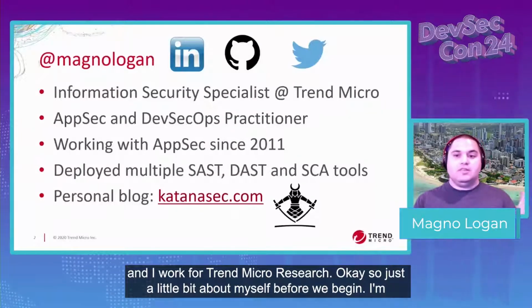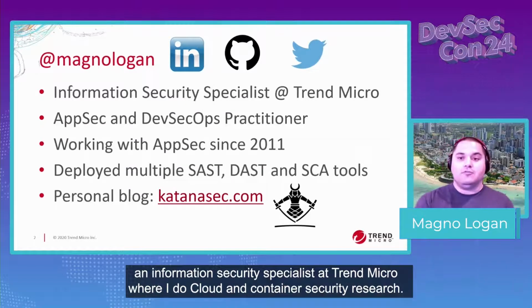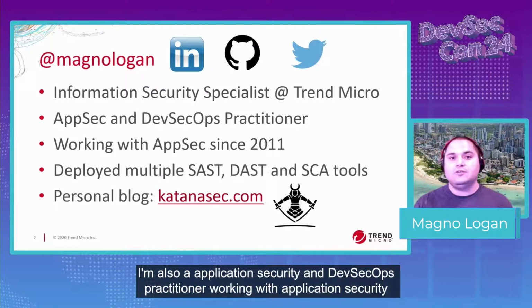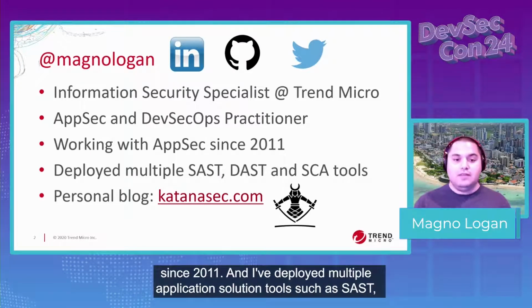Okay, so just a little bit about myself before we begin. I'm an information security specialist at Trend Micro, where I do cloud and container security research. I'm also an application security and DevSecOps practitioner, working with application security since 2011.